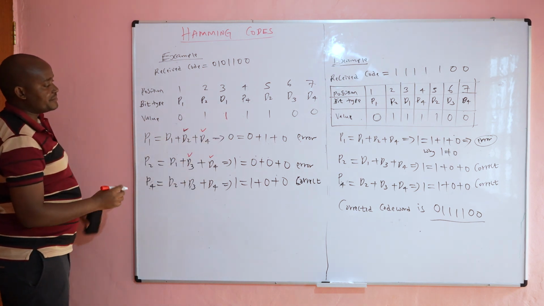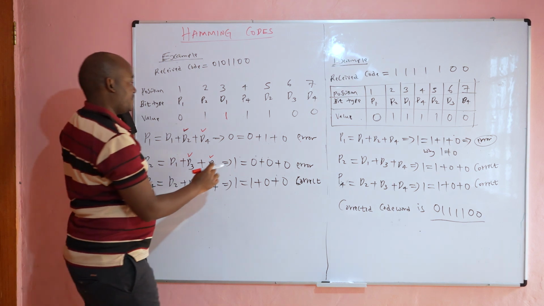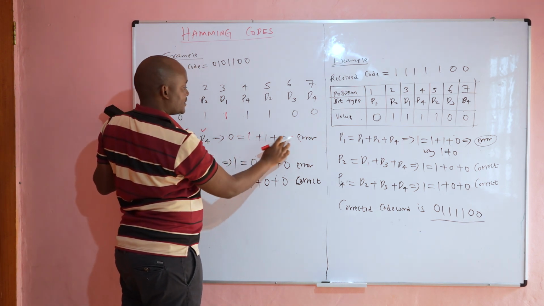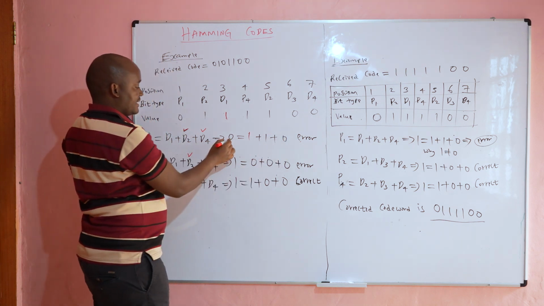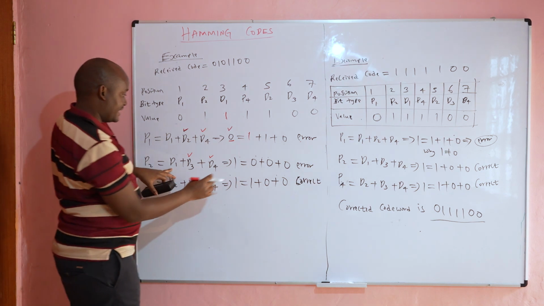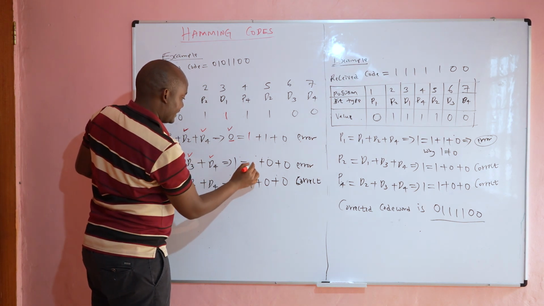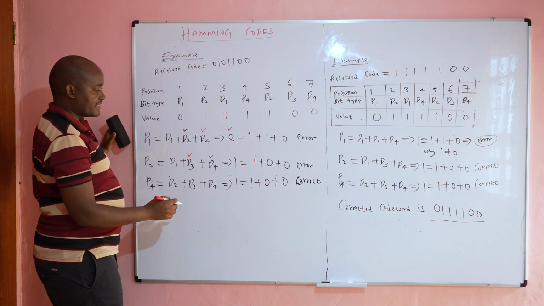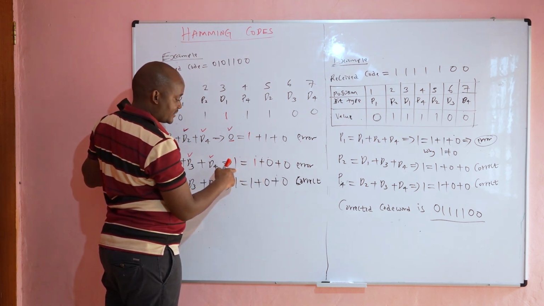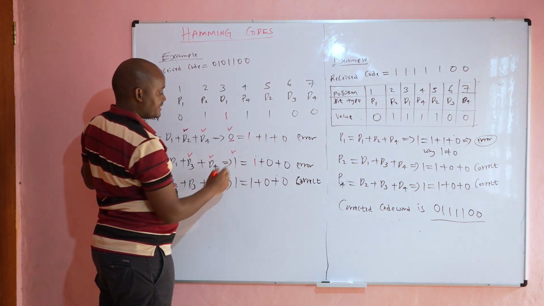So we need to vary this from 0 to 1. If we vary it from 0 to 1, will this be correct? Because this will now be 1 plus 1 plus 0, which is equal to 0, which is correct. If we vary D1 here from 0 to 1, will it give us a correct result? Yes, because 1 plus 0 plus 0 is going to give us 1, which is what we have here, which is correct.